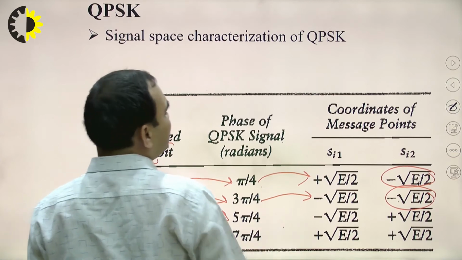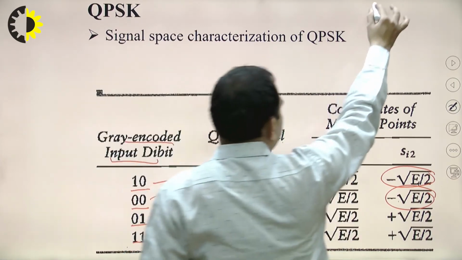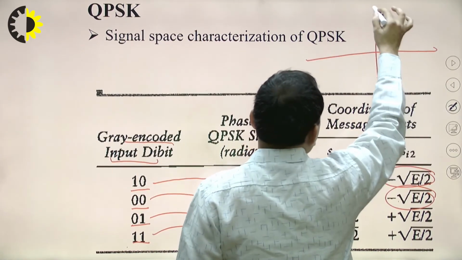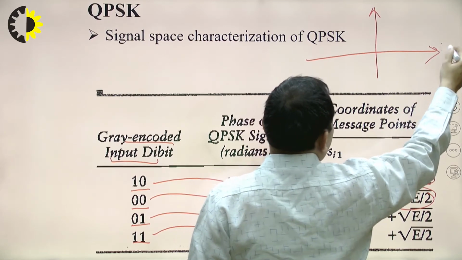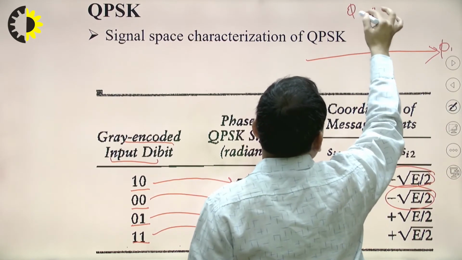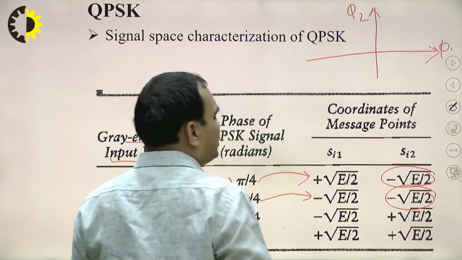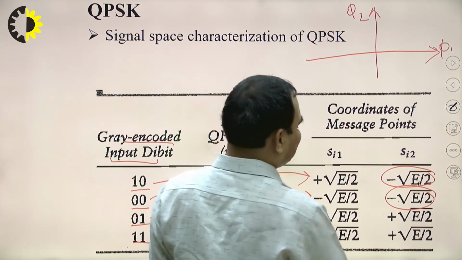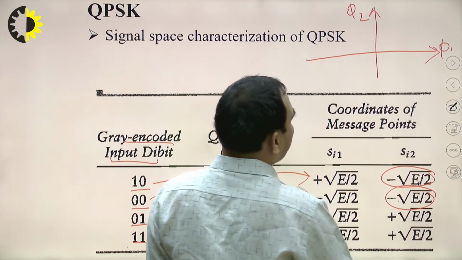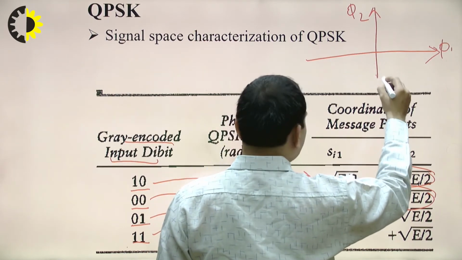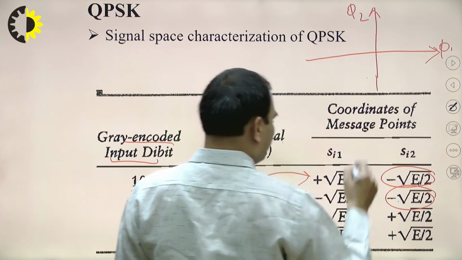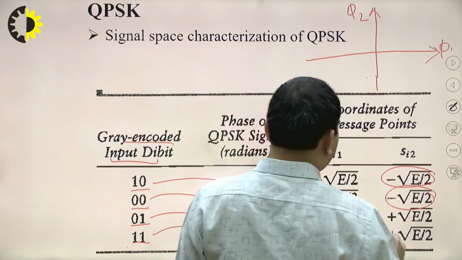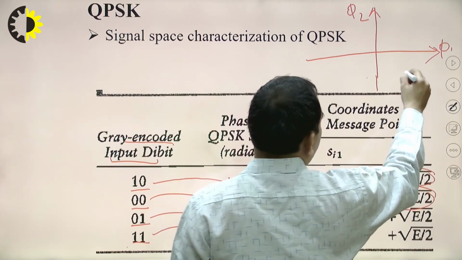So these symbols are nothing but, when you are talking about a Cartesian coordinate system with phi 1 and phi 2, different sample points or message points. So plus minus stands for phi 1 is plus and phi 2 is negative. So here we have this point.